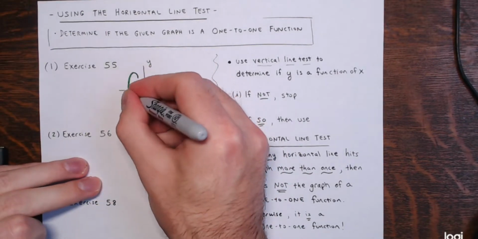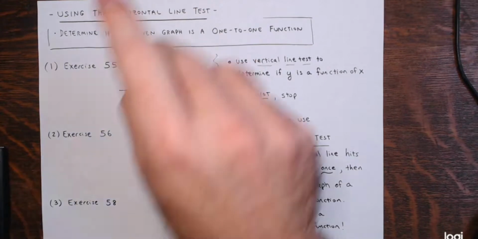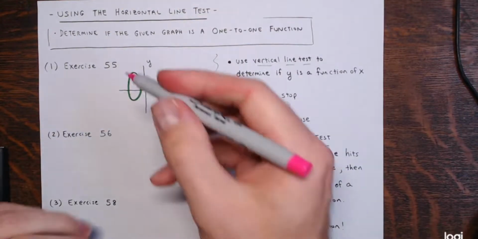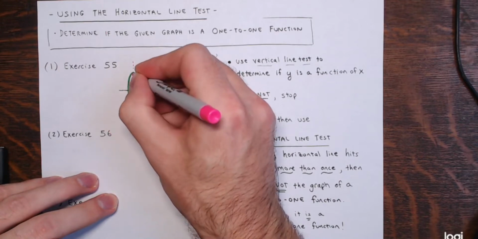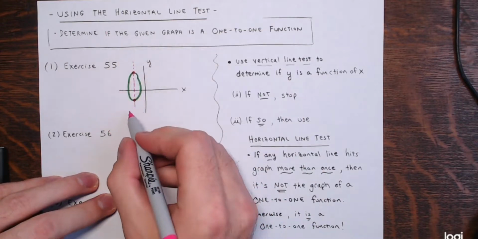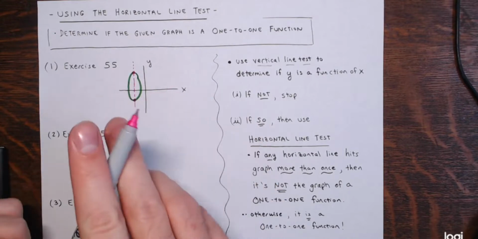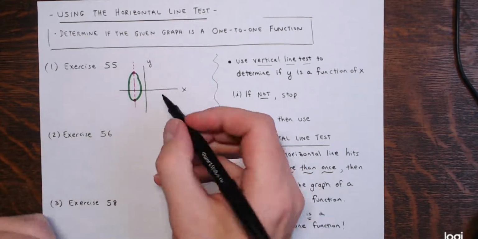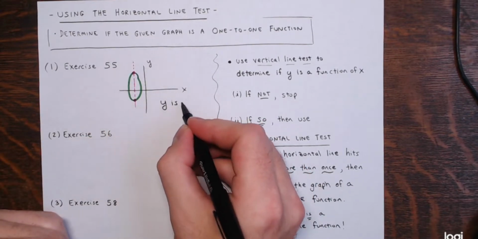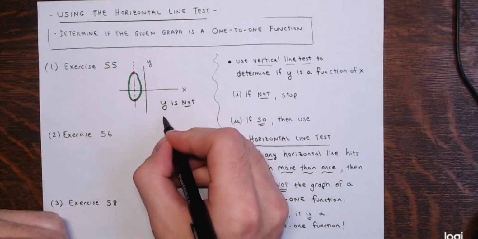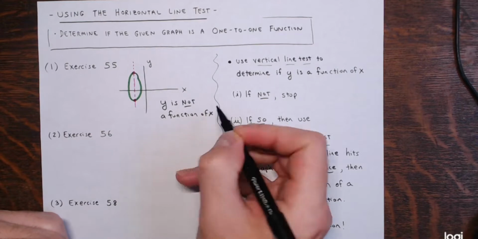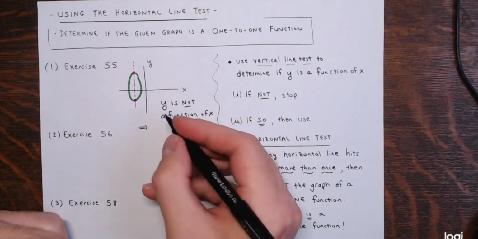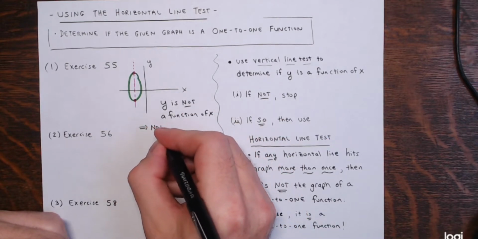It was this oval shape. If I do the vertical line test here, there's a vertical line hitting the graph more than once. So y is not even a function of x. Therefore, it's not a one-to-one function.